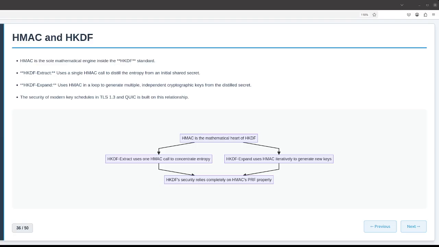The HKDF expand step, where Tn equals HMAC of PRK and Tn-1, uses HMAC iteratively as a PRF to generate a keystream. Without the proven security and PRF properties of HMAC, the entire HKDF construction would not be secure.